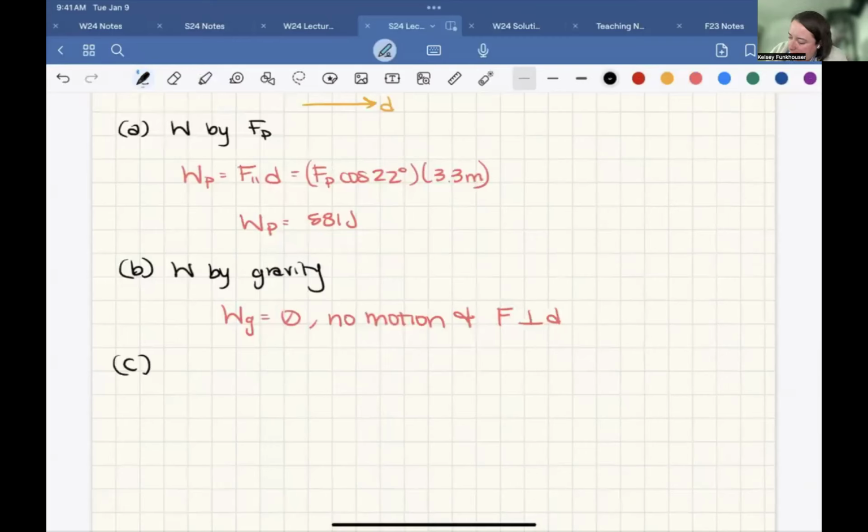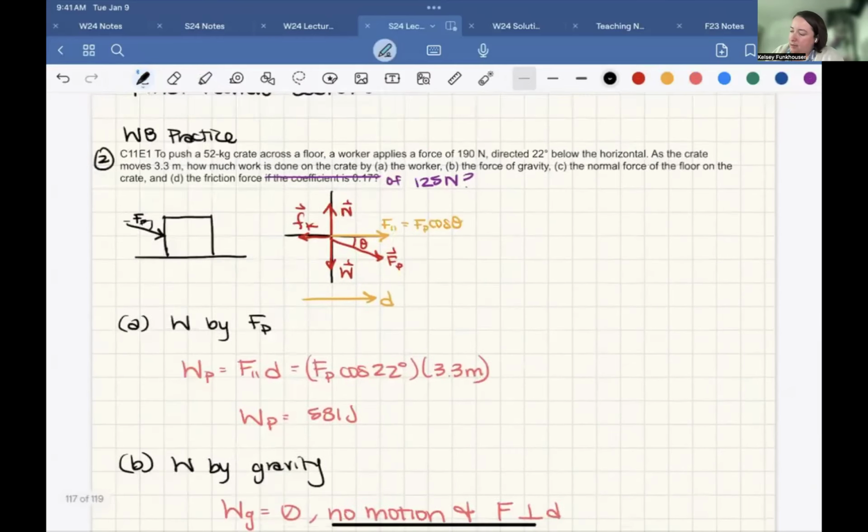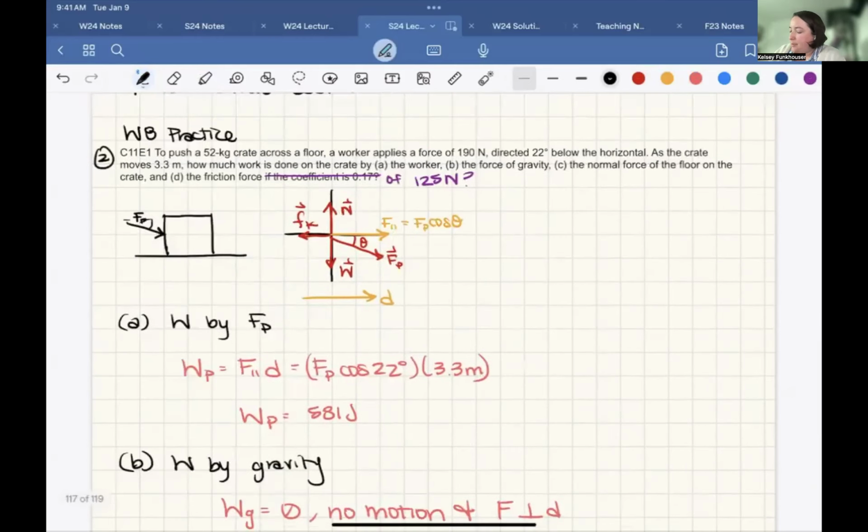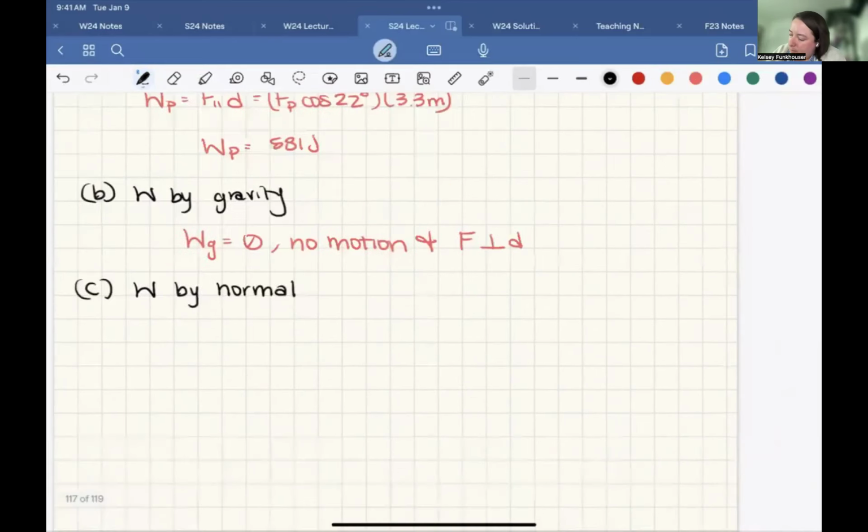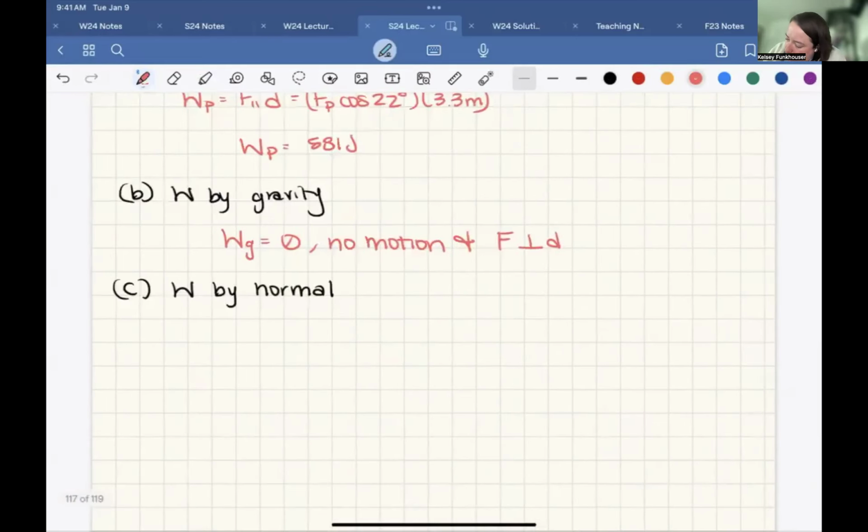And then for C, we're asked for the normal force, which is again the same thing, because the normal force points up instead, but our motion is just horizontal. So work by normal force equals 0 joules. Just keep our units even if it's 0.